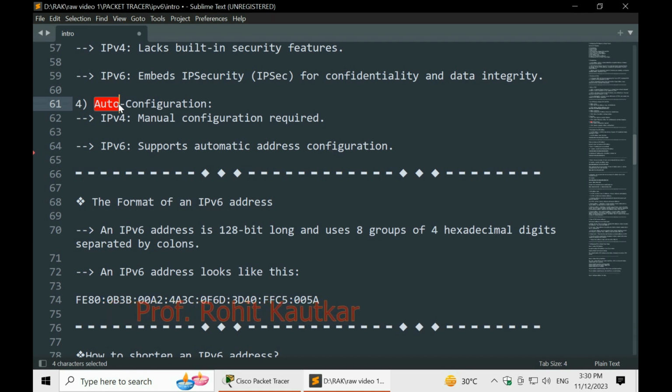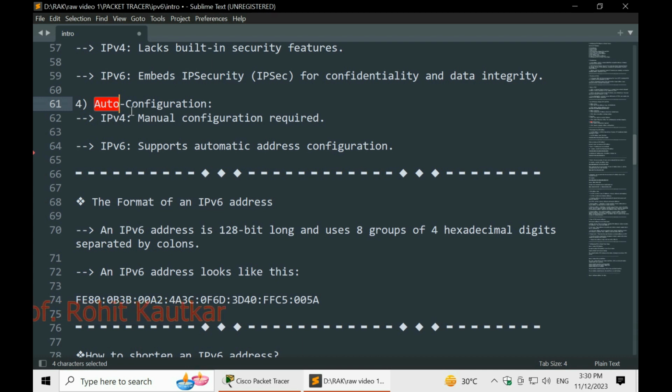That's why we can say IPv6 supports auto configuration. These are a few important points based on which we are comparing IPv4 and IPv6. But friends, in all these points, the key point is address depletion, the exhausting address space of IPv4, because of which they have proposed IPv6.